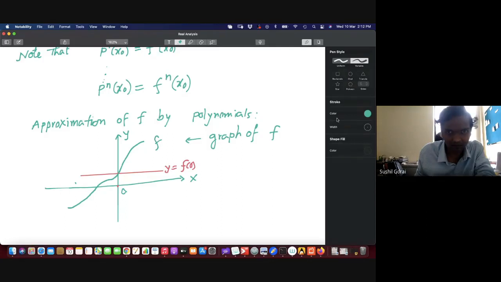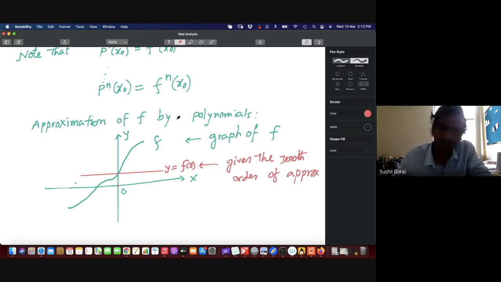This gives, actually not the first order, the zeroth order of approximation.